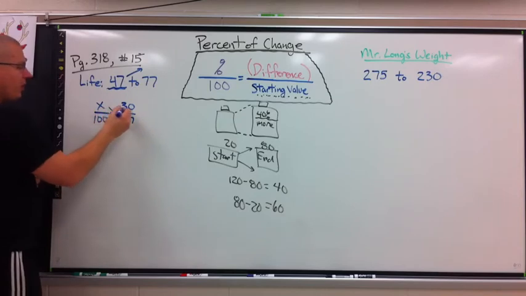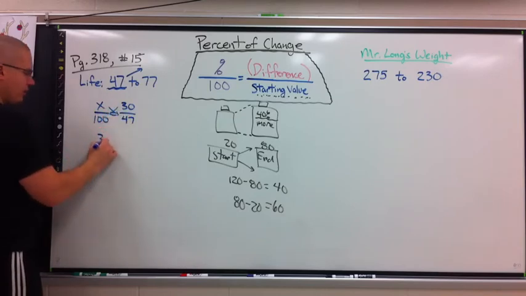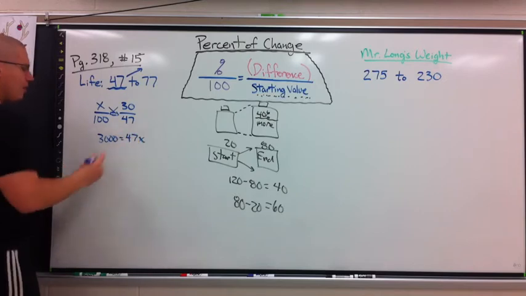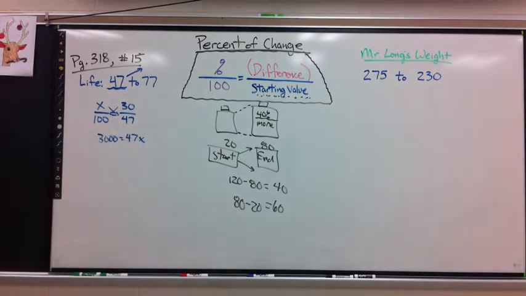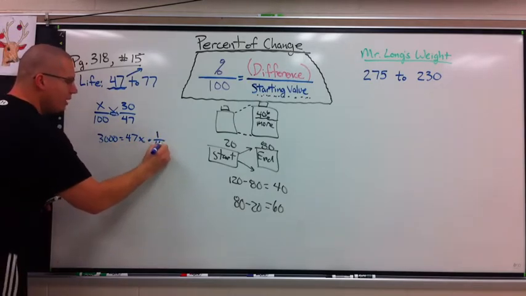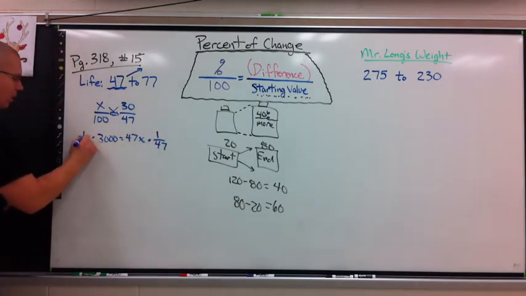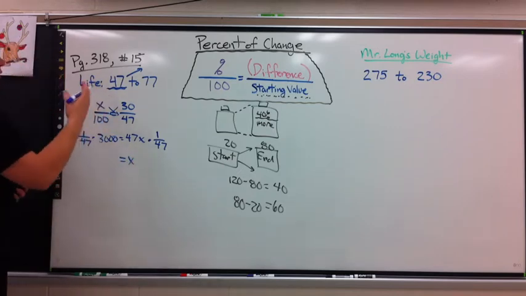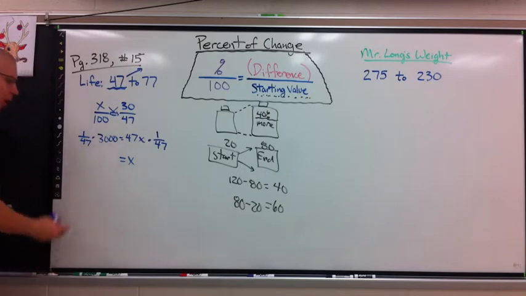Use my algebra to solve. Cross multiply. 30 times 100 is 3,000 equals 47x. Multiply by the reciprocal. The reciprocal of 47 is 1 over 47. We always want to talk about percents in terms of whole numbers.